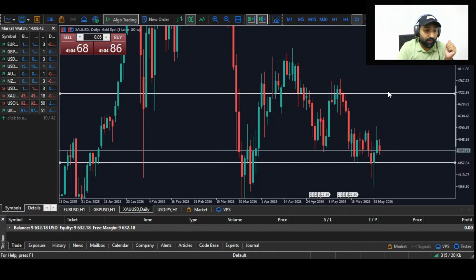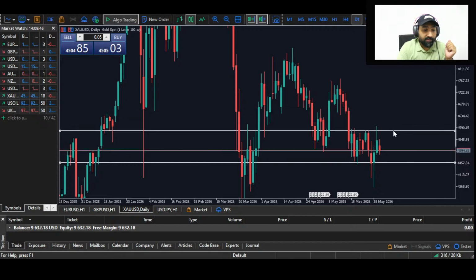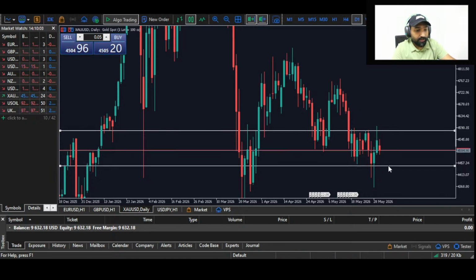So we will bring our resistance to this. The resistance is around 45, 80, 70, something like that. So this is our resistance, and this is our support on the daily time frame.